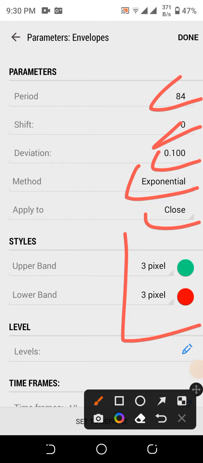Here are the upper band and the lower band: the green line represents the upper band, and the red line is the lower band. This is the only indicator you need to record massive profit.